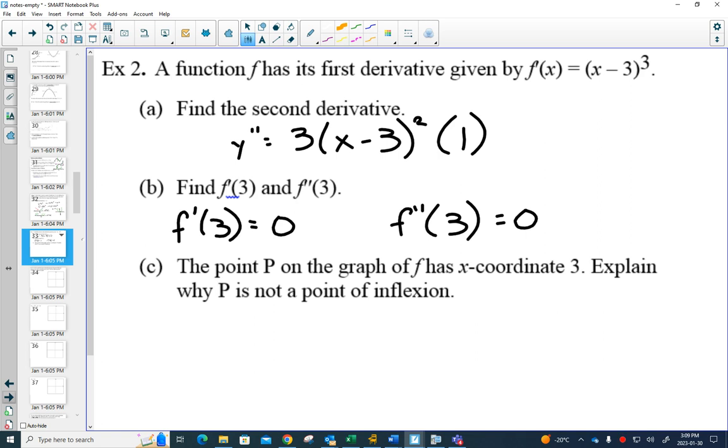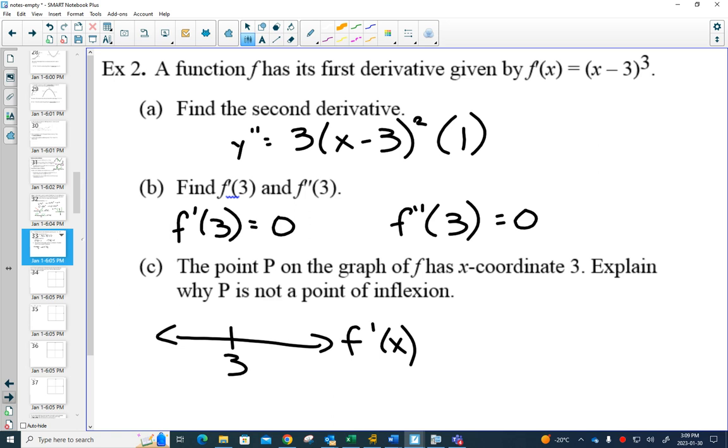And so the point P on the graph of F has an x-coordinate of 3. Explain why P is not a point of inflection. So we could say that in our first derivative, at 3, it's equal to 0.